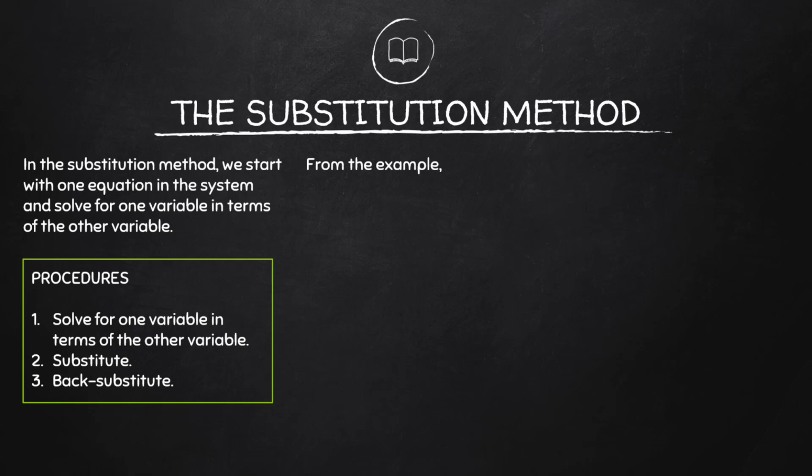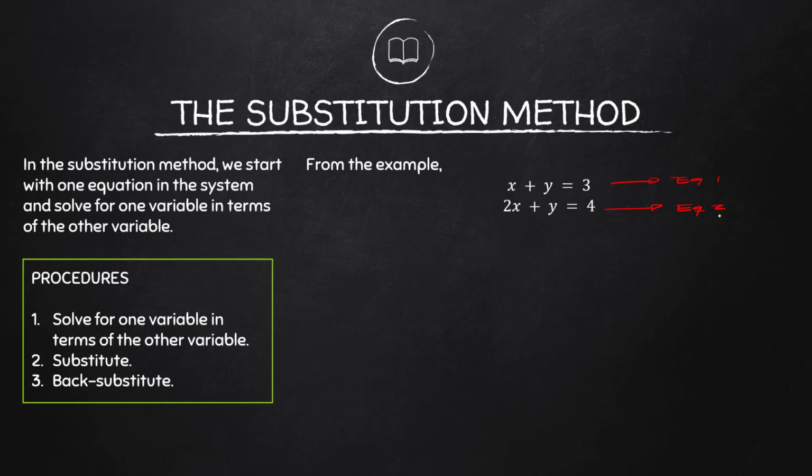From our previous example, this is the system of linear equations. We have x plus y equal to 3 and 2x plus y equal to 4. So how do we use the substitution method? Let's name the first equation 1, and the second, let's name it equation 2.